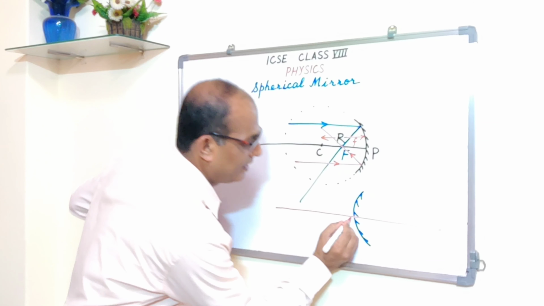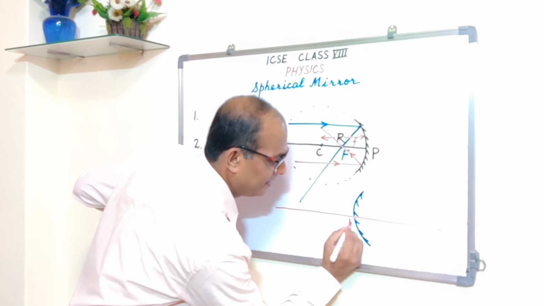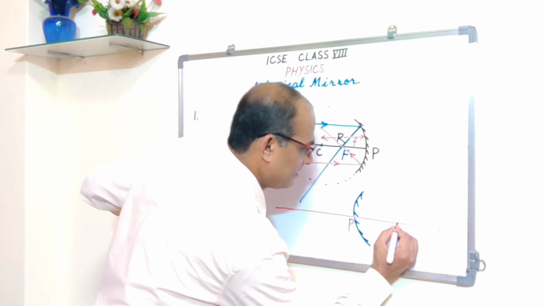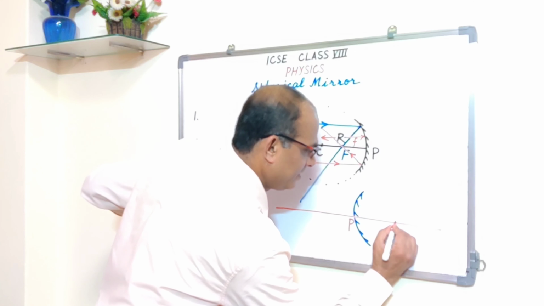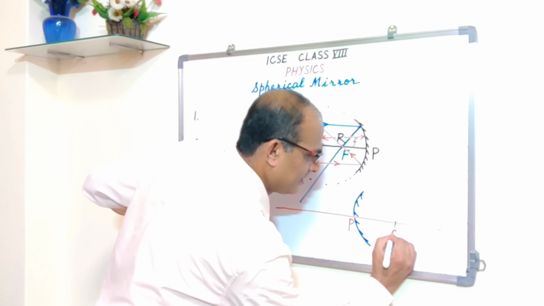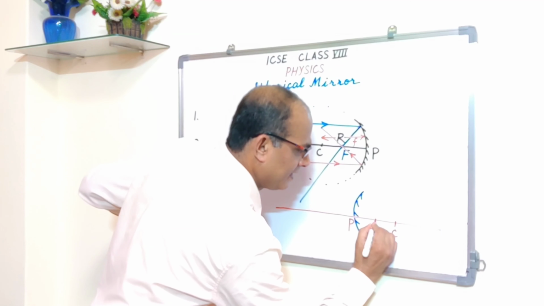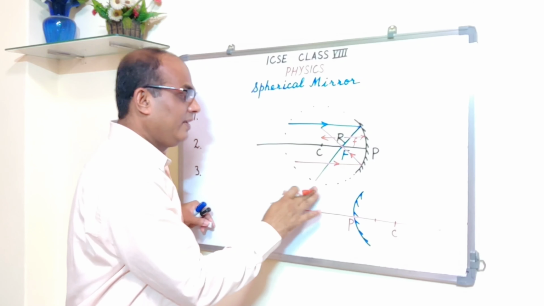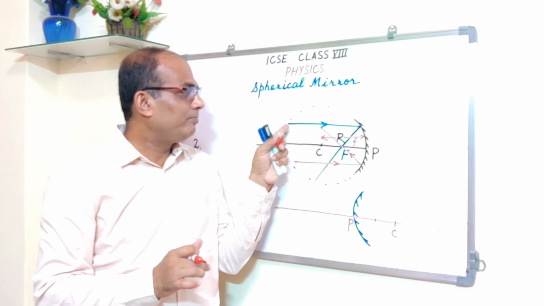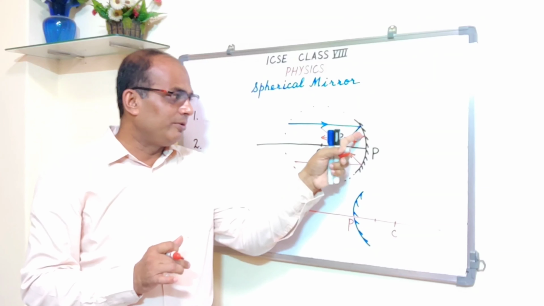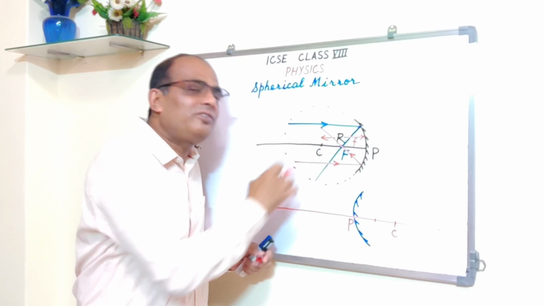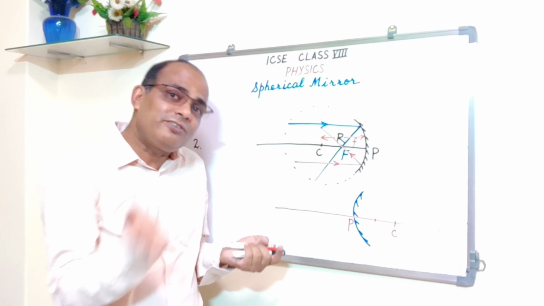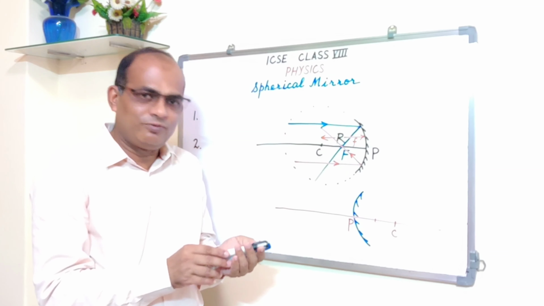This is the pole P, and the center of curvature is somewhere here. Now see, here, parallelly after reflection from the mirror, it actually appears to come from F, which is the focus, and that point we call focus.